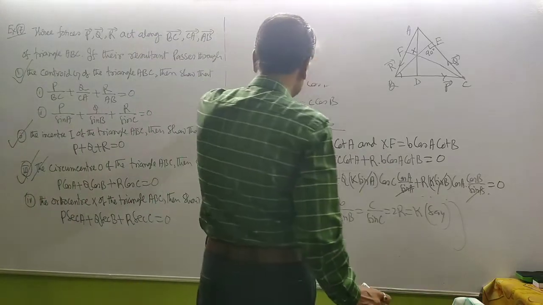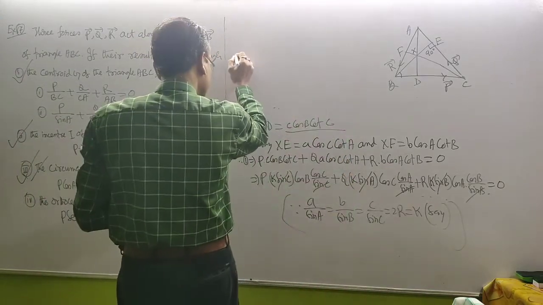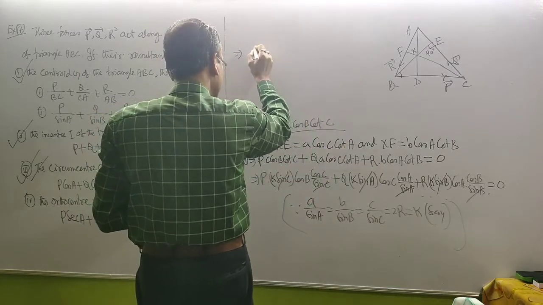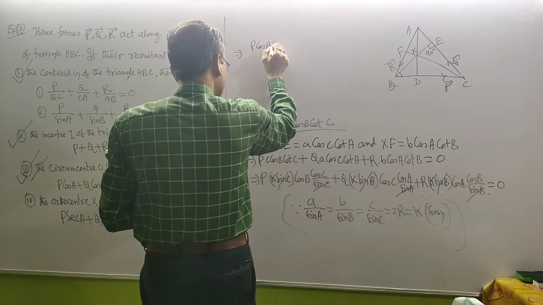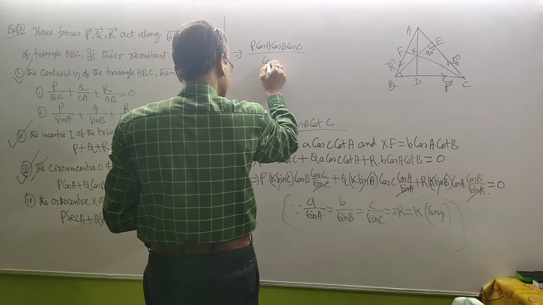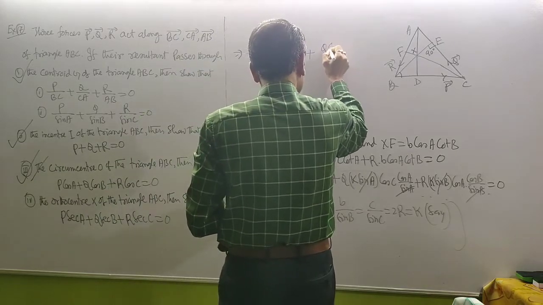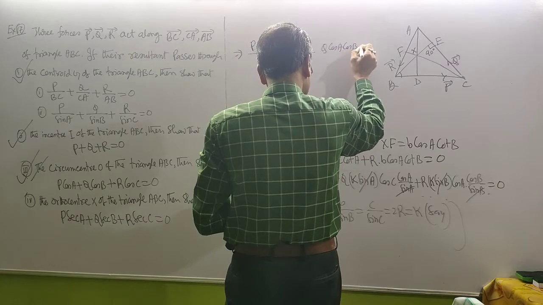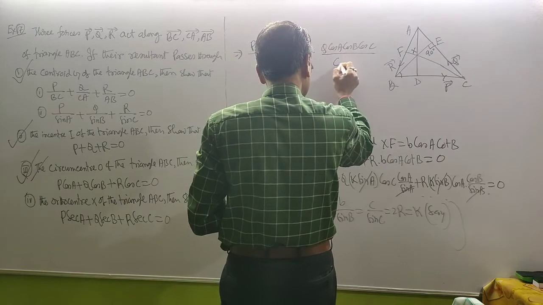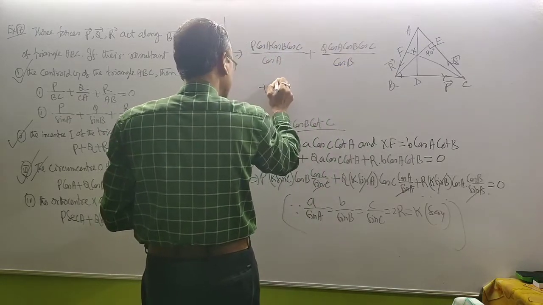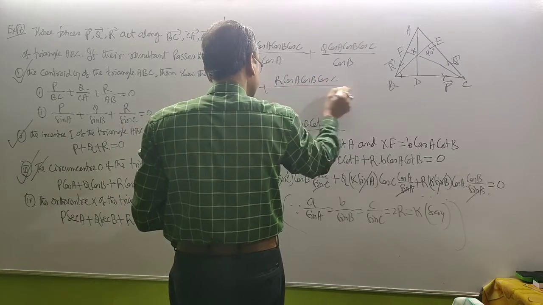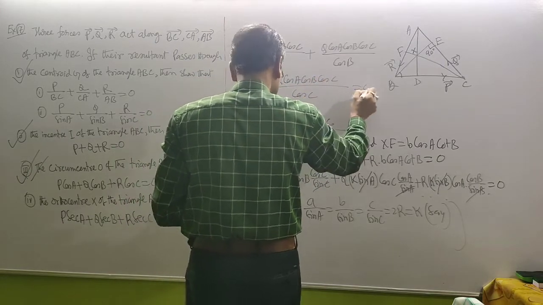This means P cos B cos C plus Q cos A cos C plus R cos A cos B equal to 0. Multiplying and dividing, this is P cos A cos B cos C divided by cos A, plus Q cos A cos B cos C divided by cos B, plus R cos A cos B cos C divided by cos C, equal to 0.